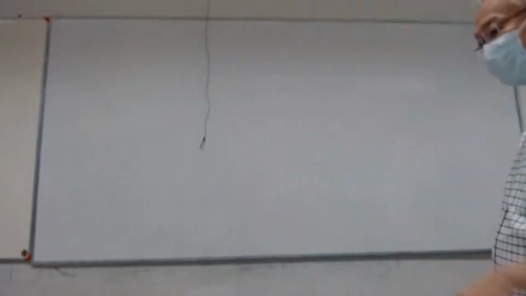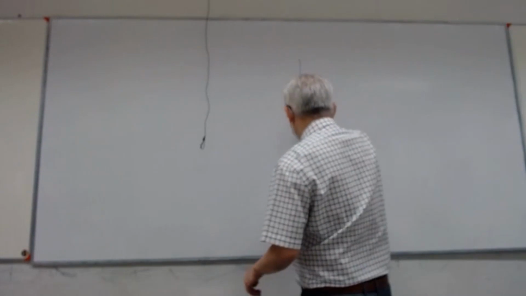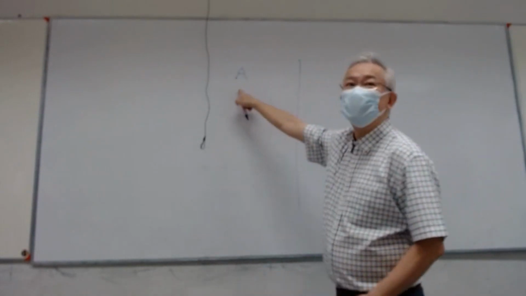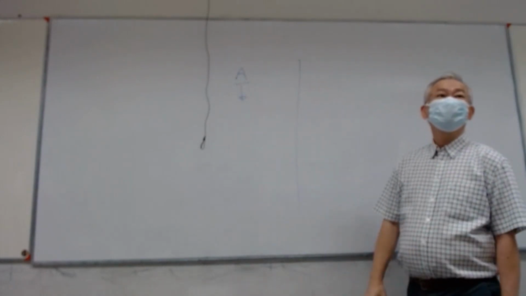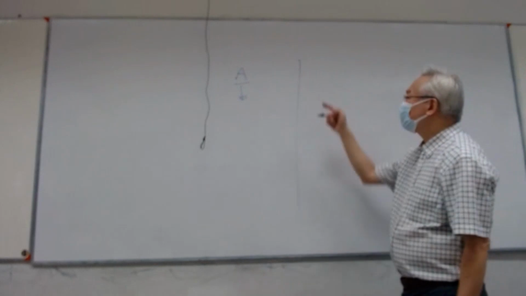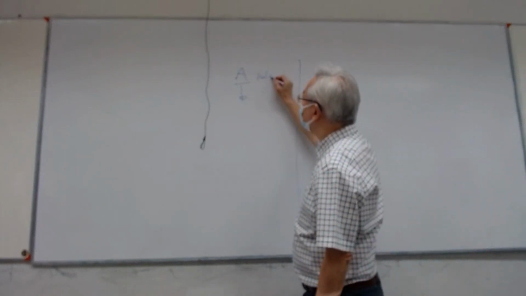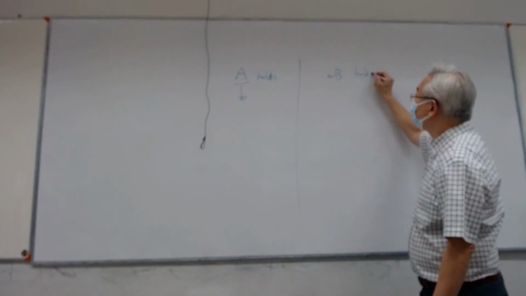Now we will try to use the blackboard. From assumption A, we deduce some consequences. There are two parts: we assume A holds, and we assume not B holds.